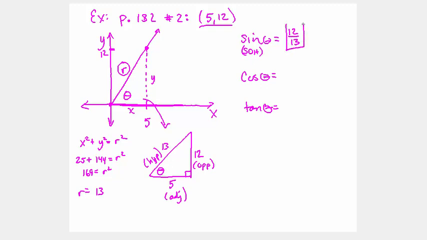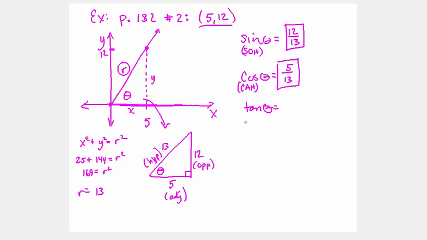So the sine of angle theta is 12/13. Done. The cosine, of course, that acronym is CAH, which stands for cosine is adjacent over hypotenuse. Those are labeled below. The adjacent is 5. The hypotenuse is 13. So 5 over 13 would be my cosine of theta.